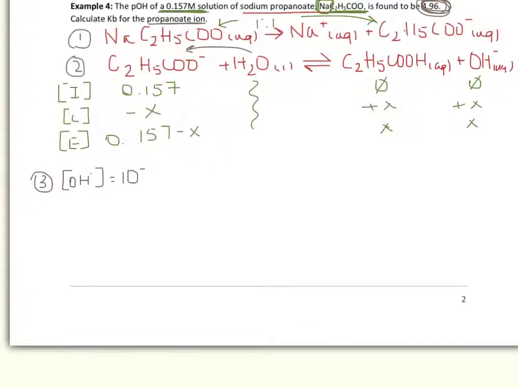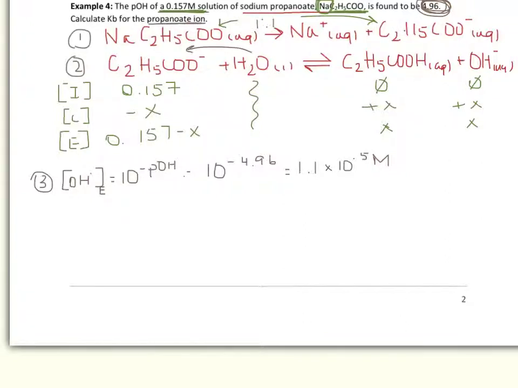It's 10 to the negative pOH. So this is 10 to the negative 4.96. Notice that the pOH has 2 decimal places, so our concentration will have 2 significant figures. 1.1 times 10 to the negative 5 molar. This is the equilibrium concentration of the hydroxide ion.